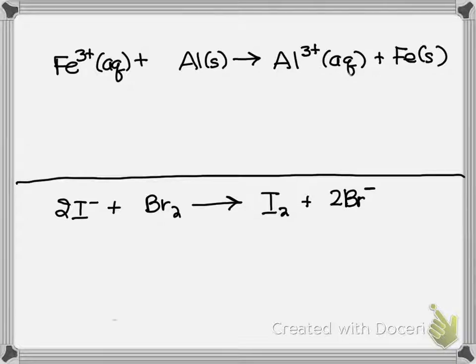Now usually, just to remind you, ions by themselves don't really exist by themselves, but they will exist dissolved in water. And what happens is, let's say I had iron with chlorine. If I put it into water, it dissociates, and the chloride ions and the iron ions fall apart.